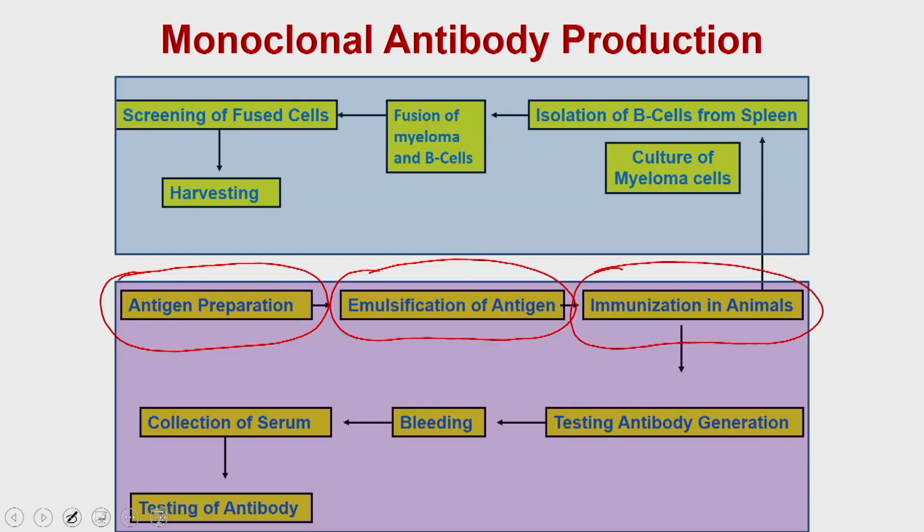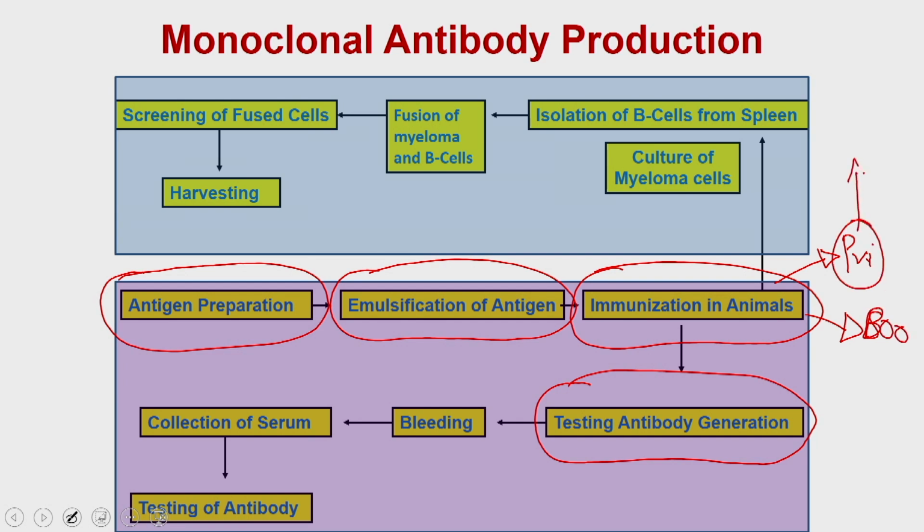Once the immunization of the animal is done, you can test whether the antibodies are being produced. Immunization has to be done two times: you do the primary injection, and then you do a booster injection. For the primary injection you always use Freund's complete adjuvant, whereas for the booster dose you always use Freund's incomplete adjuvant.